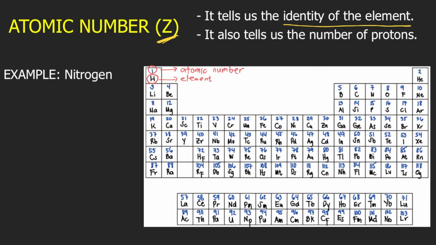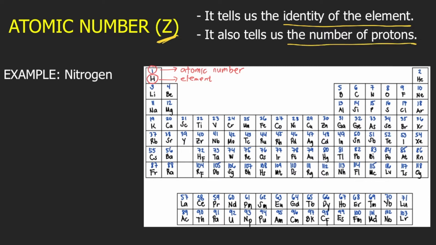Each element has a unique atomic number. For example, hydrogen is 1, helium is 2, lithium is 3, beryllium is 4, and so on and so forth. Second, the atomic number also tells us the number of protons.